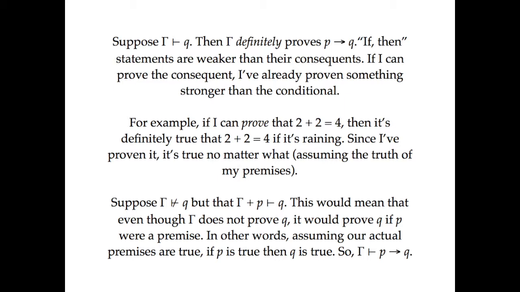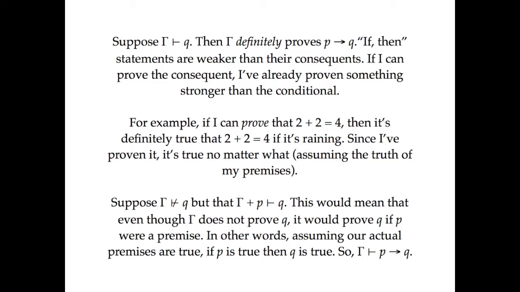If you've proven the consequent of an if-then statement, you've already proven something much stronger than the conditional. For example, if I can prove that 2 plus 2 equals 4, then I don't need to prove 2 plus 2 equals 4 if it's raining. Since I've already proven that 2 plus 2 equals 4, it's true no matter what conditions there are. And so if gamma proves Q, then gamma proves P arrow Q.